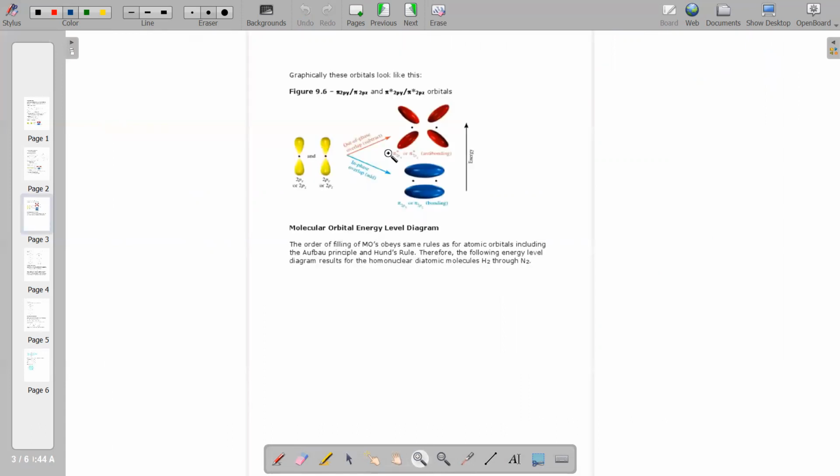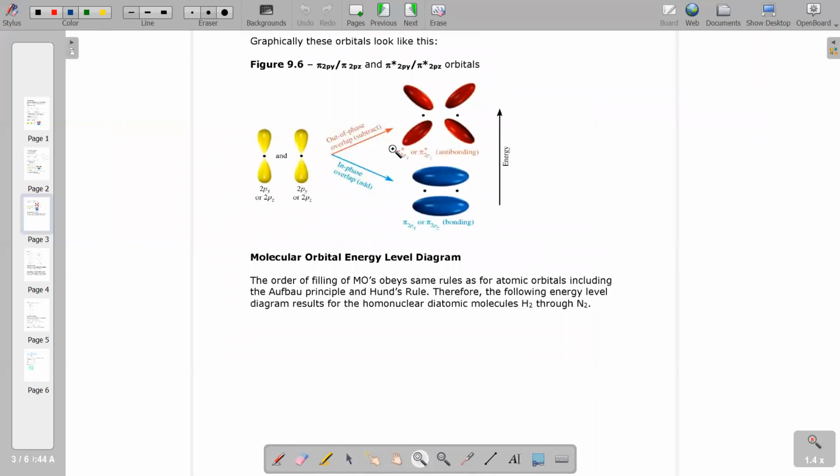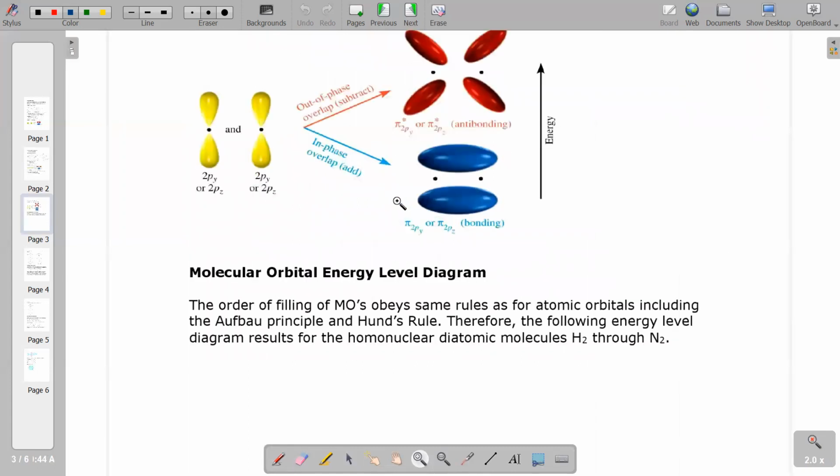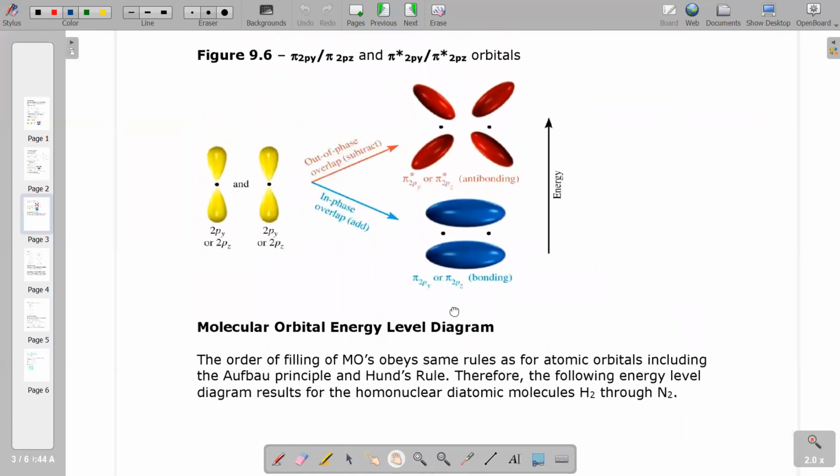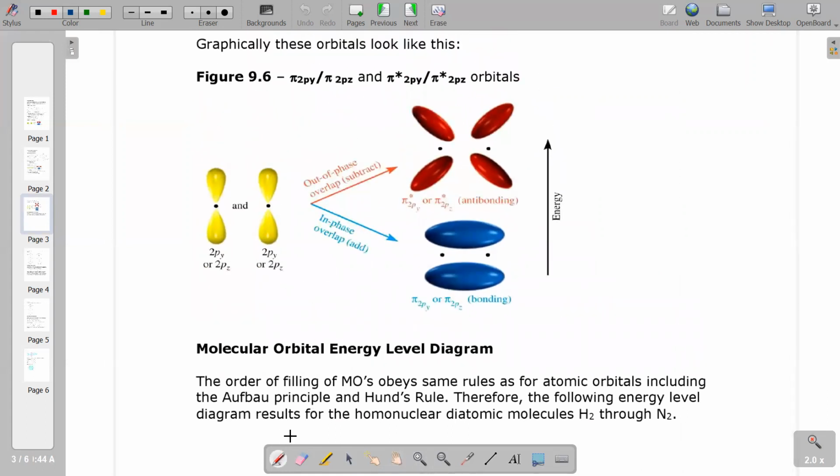So looking at that, what we can see is that we get them sort of scattered to the wind here with a big node in the middle. But here we see overlap above and below, or not as obvious. If it were the other one, it would be to the front and the back, which is harder to picture, which is why you don't see more than a triple bond.